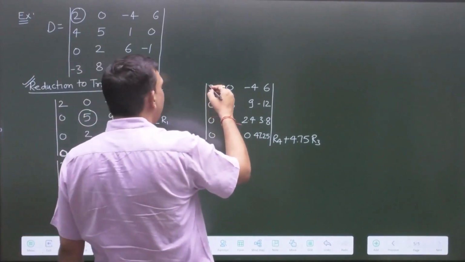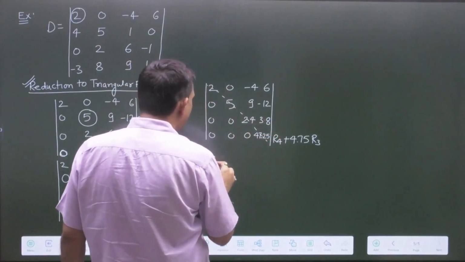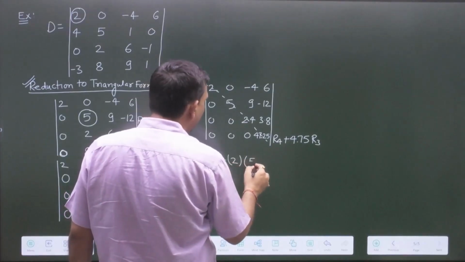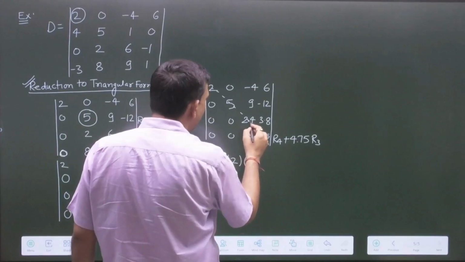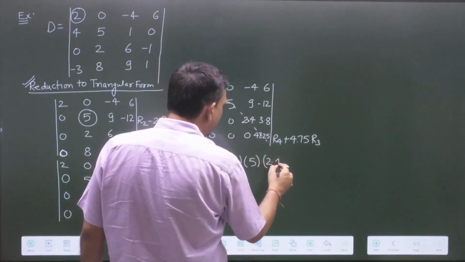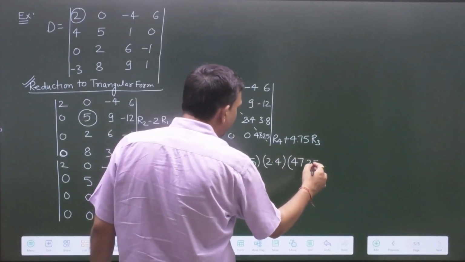Now this is in triangular form. So the determinant value is given by 2 into 5 into 2.4 into 47.25.